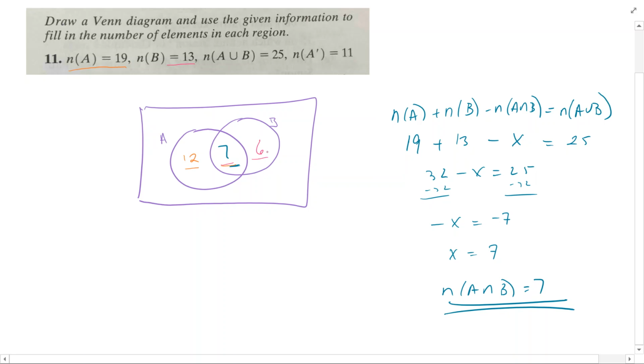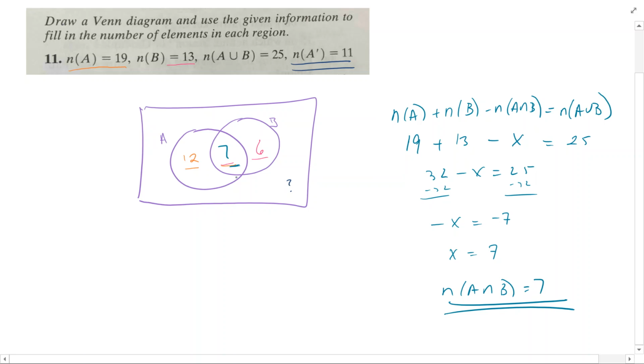Okay, we're almost done. I don't know how many elements are outside of the two sets, but still part of the universal set. So I need to figure out what goes out here. I also haven't used this information yet. So what's not in A is going to have to equal 11.